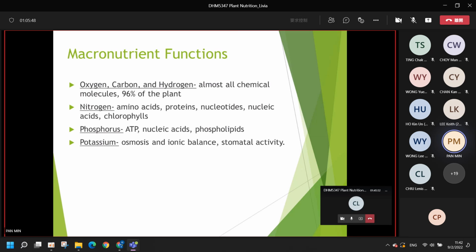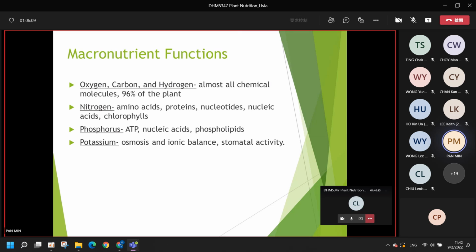When it is taken up as ammonium or nitrate, it is assimilated into amino acids either in the roots or shoots, and within the plant it is translocated as nitrate or amino acids.